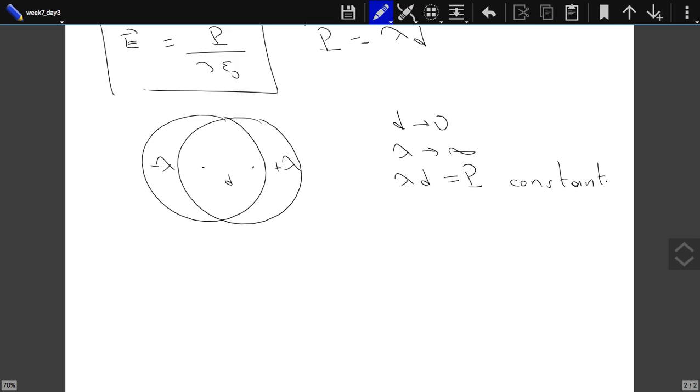Then what will be the surface density of this system? That's our next problem. Now, to find the surface density, let's just imagine some horizontal planes, and let's just take this part.